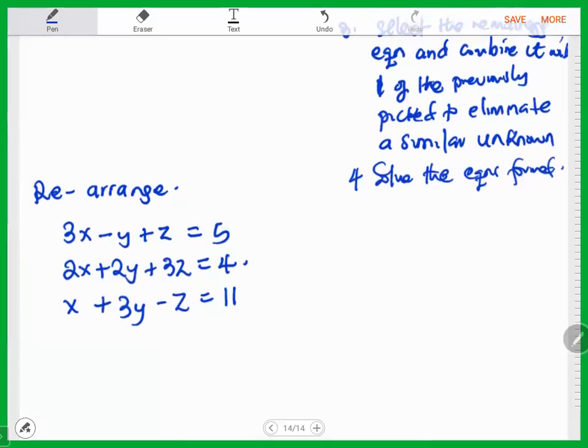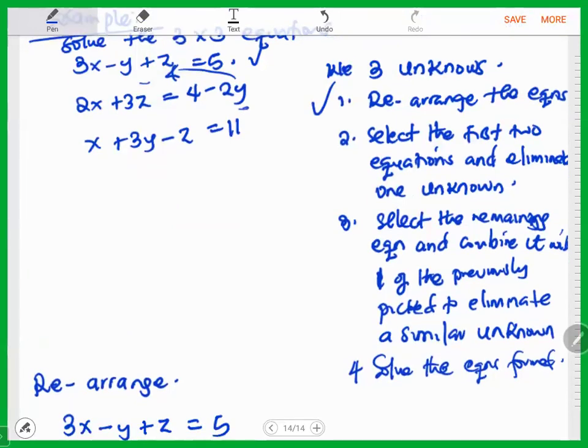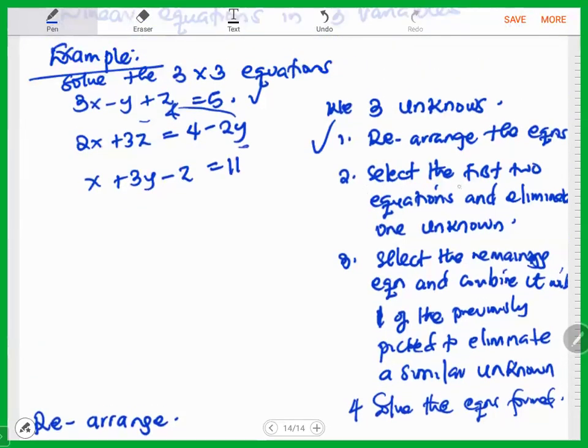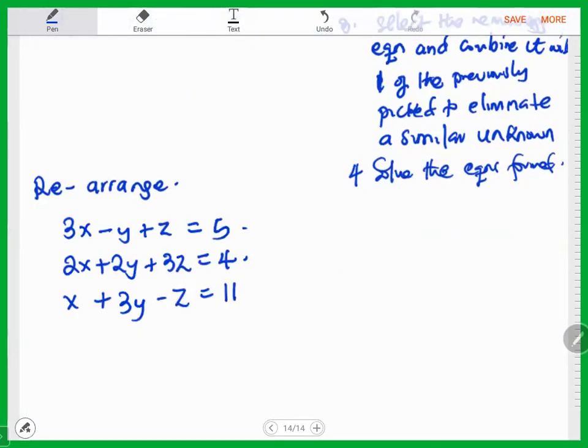So we have said step number 1, rearrange. We have done so. Step number 2, select the first two equations and eliminate one unknown. So I'm going to select, if this is equation 1, equation 2, equation 3, the first two and eliminate one of the unknowns. So which one can I select?